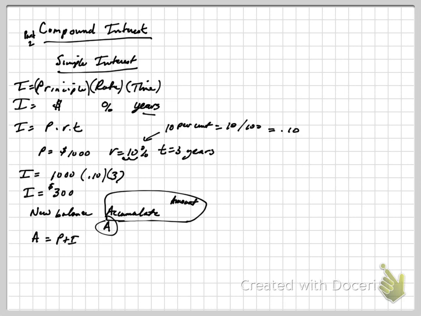Principal plus interest. So the new balance is going to be 1,000 plus 300, or $1,300. So if you're earning simple interest, that's how much money you get. If you're paying simple interest, that's what you'd have to pay.